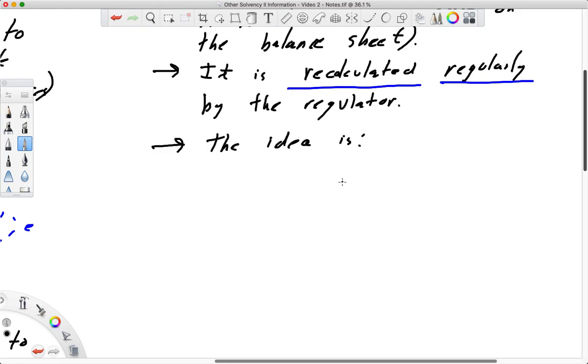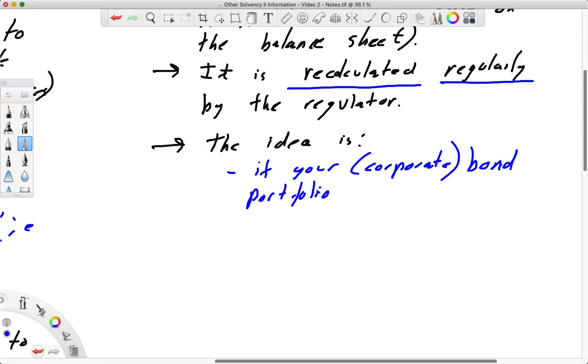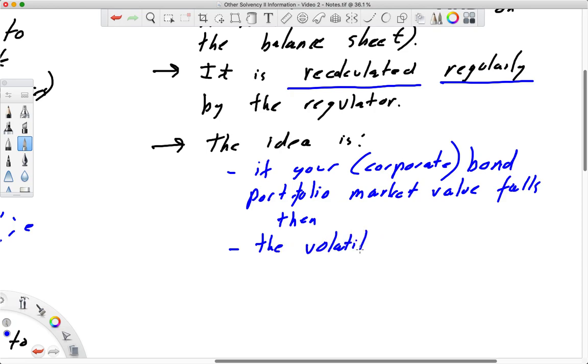The idea is, if your, let's say, put corporate in brackets, if your corporate bond portfolio market value falls, then the volatility adjustment increases.